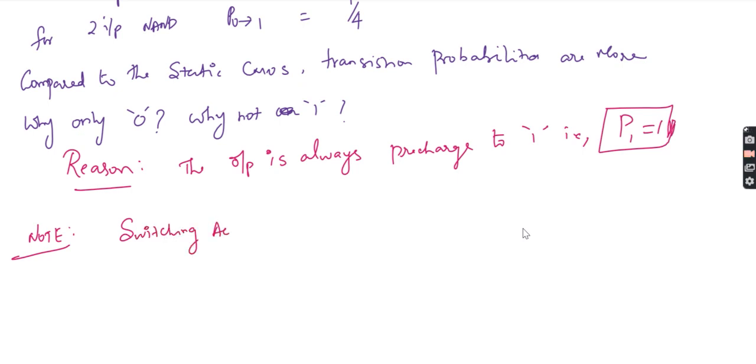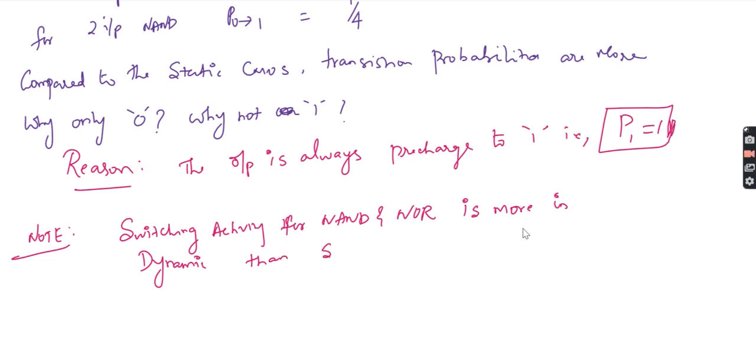Switching activity for NAND and NOR more in dynamic than static, because you can check the previous tables and all.